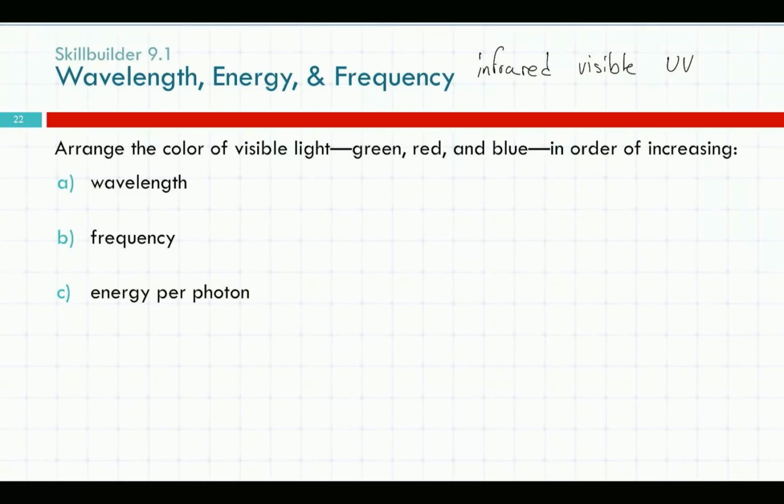So you think blue? Do you think blue's going to be highest or lowest? Highest. Blue's the highest. I haven't really said anything about green. Red, though, is on the opposite end of blue. So red is the lowest energy per photon. Blue is the highest. So green goes in the middle.